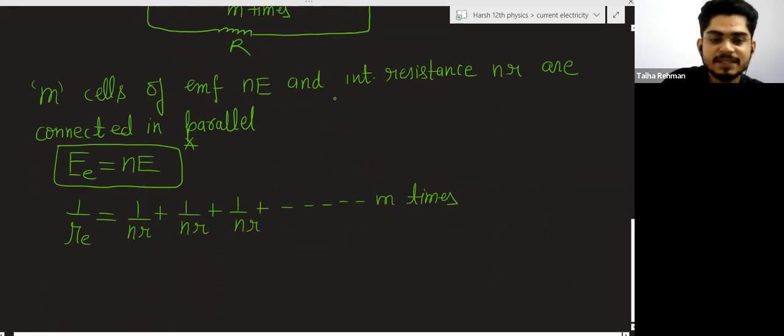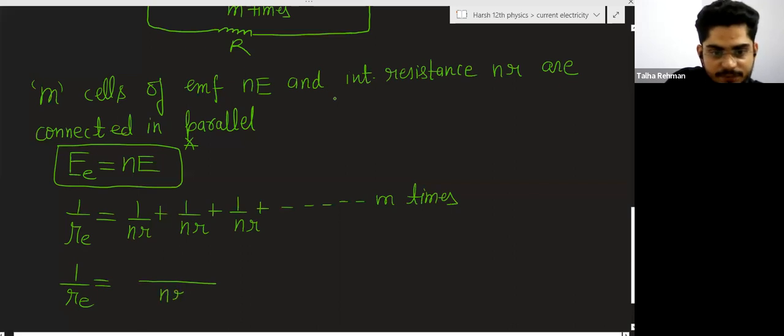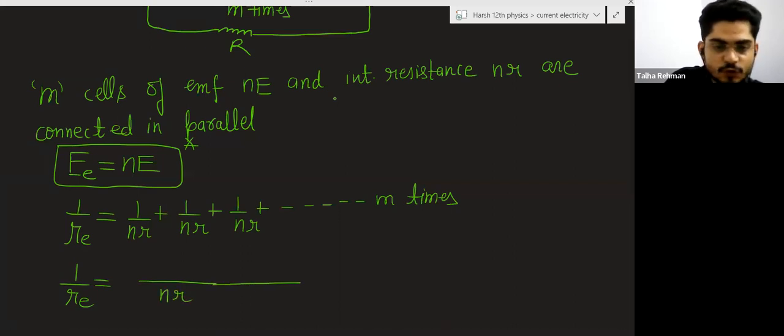You will take the LCM nr and add 1 m times.